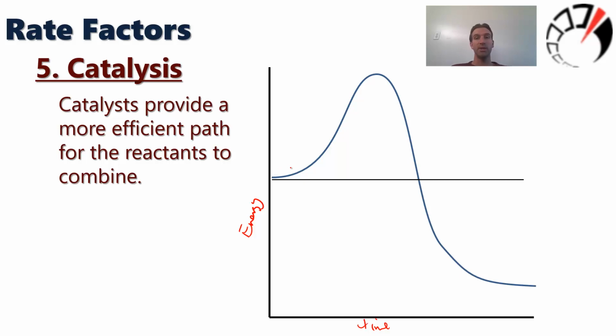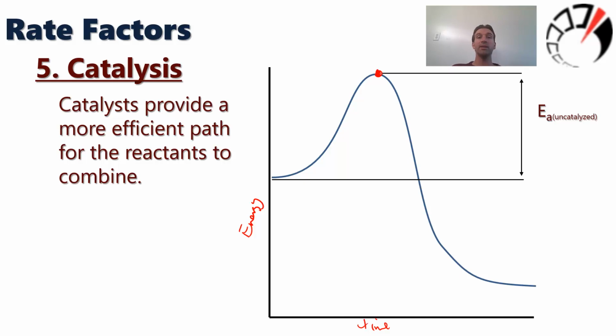So in this case, we have an exothermic reaction. In order for this reaction to take place, though, we have to remember that the collision has to have enough energy to reach what we call the activation energy. So the activation energy is the difference between our reactant potential energy and the potential energy of our activated complex.